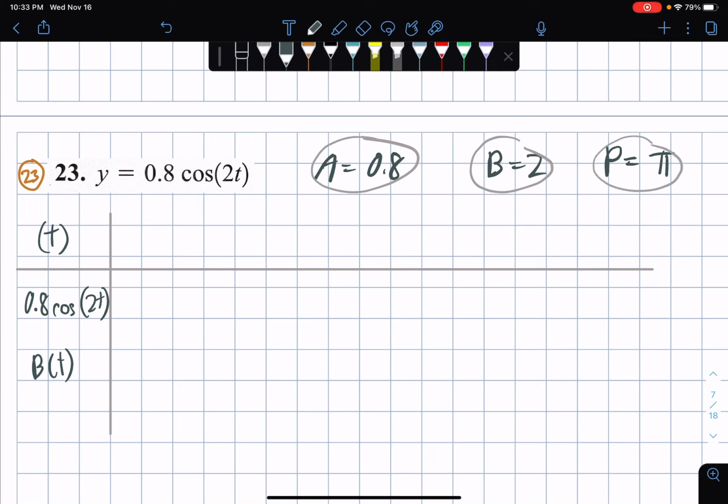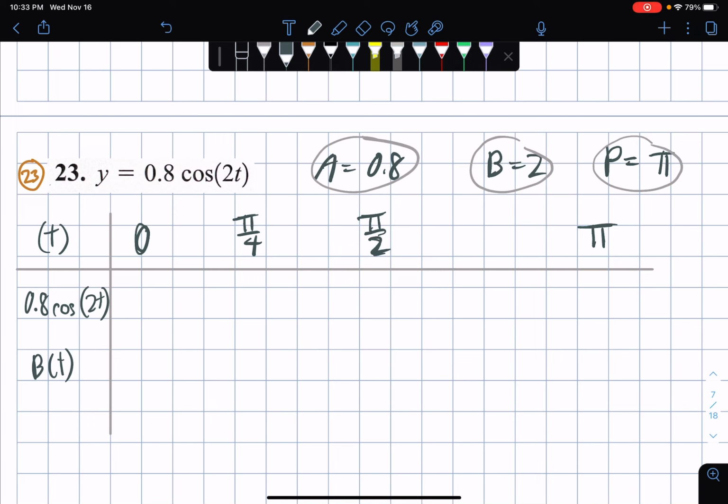Now, we still have the same t values, so we start from 0 and we end at pi. Pi divided by 2 is 2 pi. 2 pi divided by 2 is pi over 4. I'm sorry, I think I said it right. So that's pi over 4.